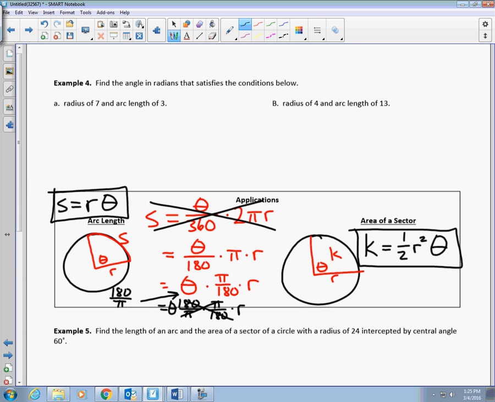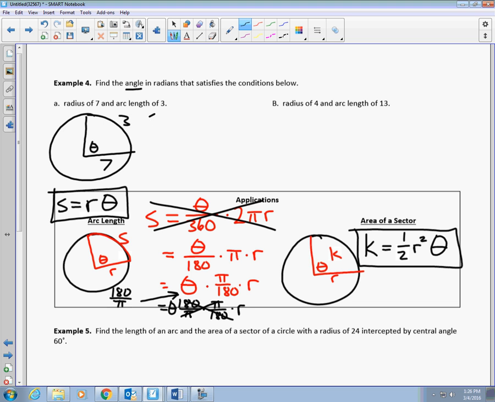We start here. It says, find the angle in radians that satisfies the condition below. So I have a circle with a sector. The radius is 7, and it has an arc length of 3. What does it say that I'm solving for in this problem? The angle. So I'm looking for theta. Which formula has to do with arc length? The first one or the second one?